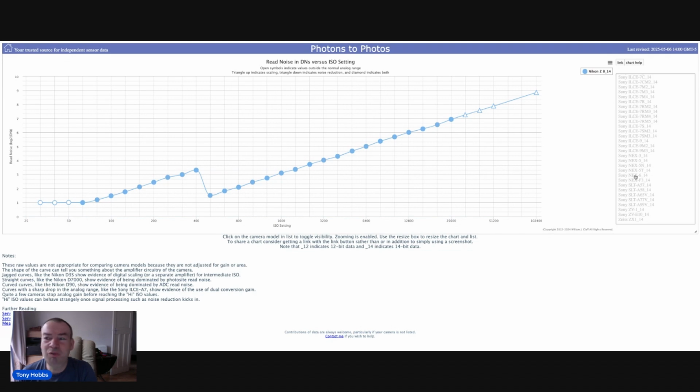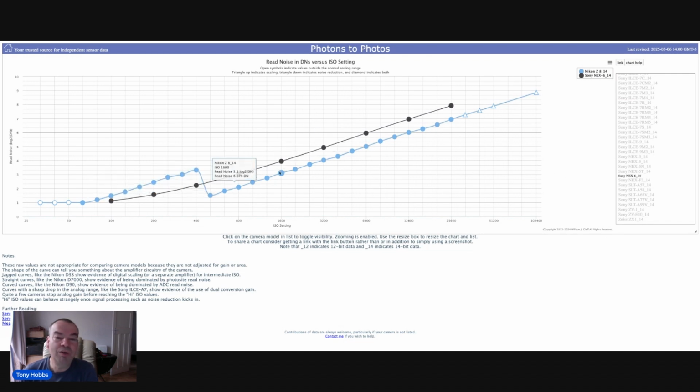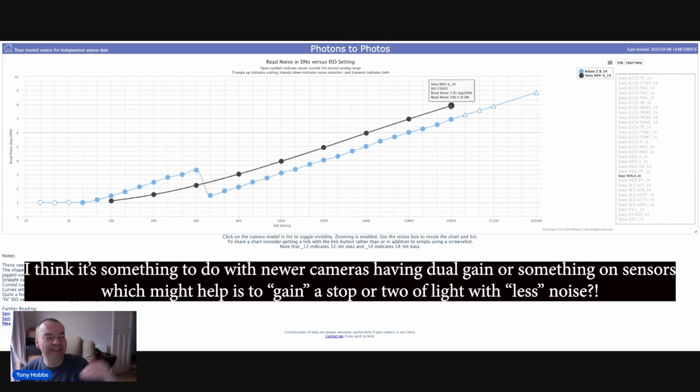Mind you, the D4 is on here, and that was surely around about the NEX7 time, unless the NEX7 is under a different name. The NEX6. And I noticed another thing also, that the older cameras have this more curvaceous line here. So that's the NEX6.